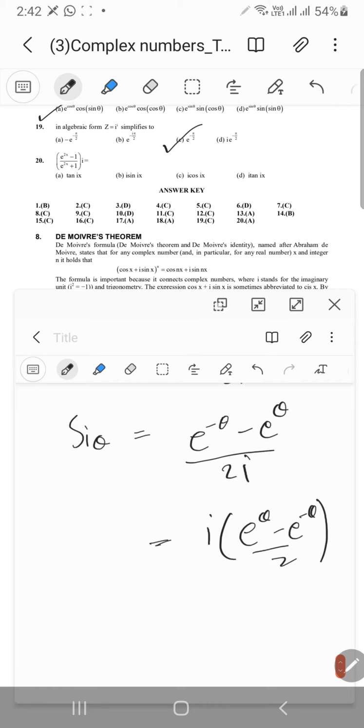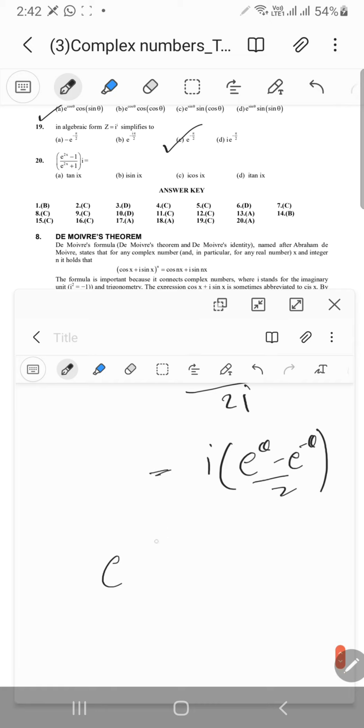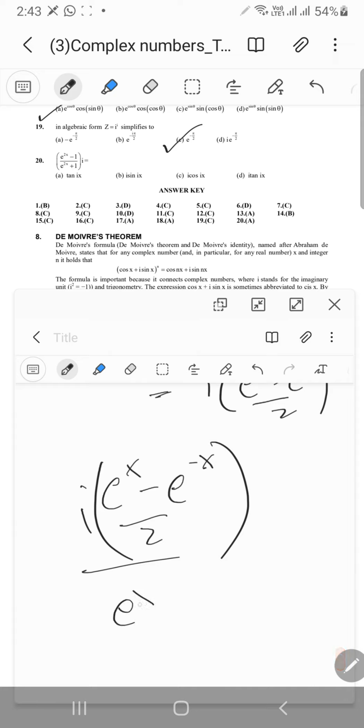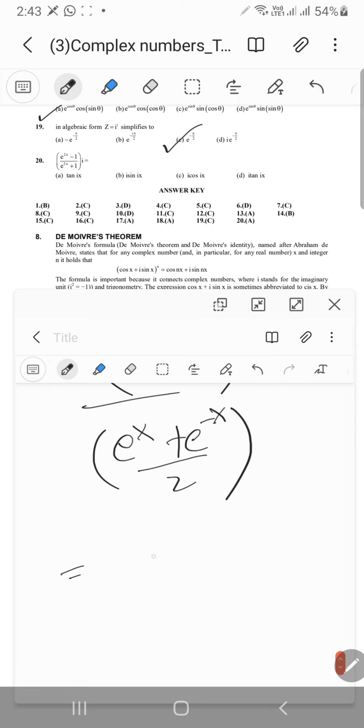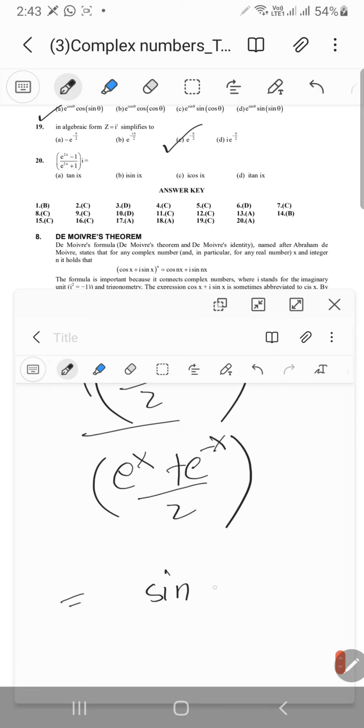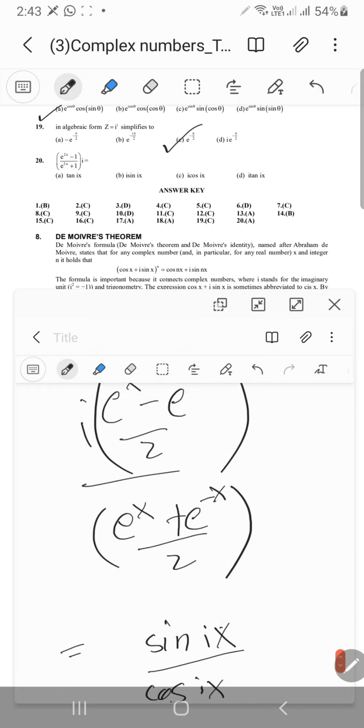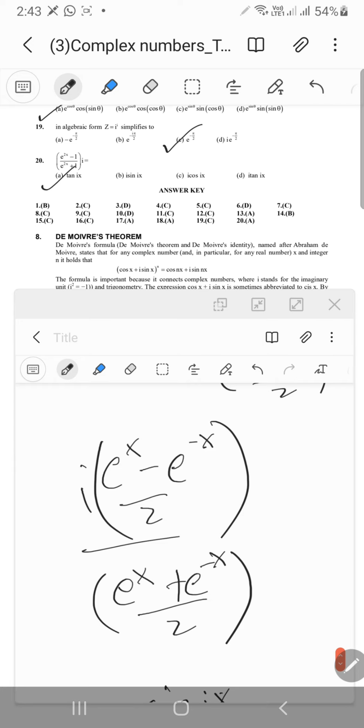So over here, we just get e power x minus e power minus x upon 2, that times i, upon e power x plus e power minus x upon 2. That's nice. So this thing is just sine of ix upon cosine of ix, which is tan of ix, right? Yeah, that's the thing. Okay, so that's it.